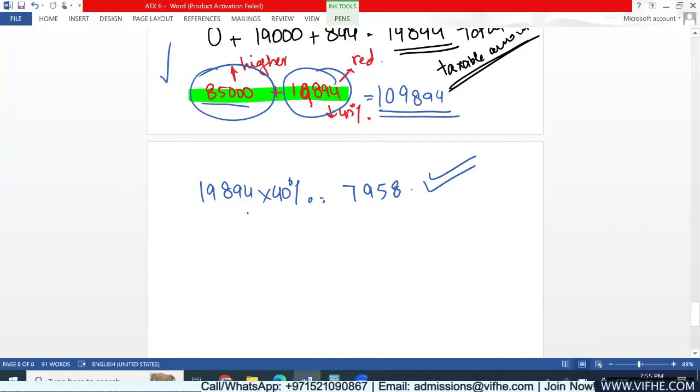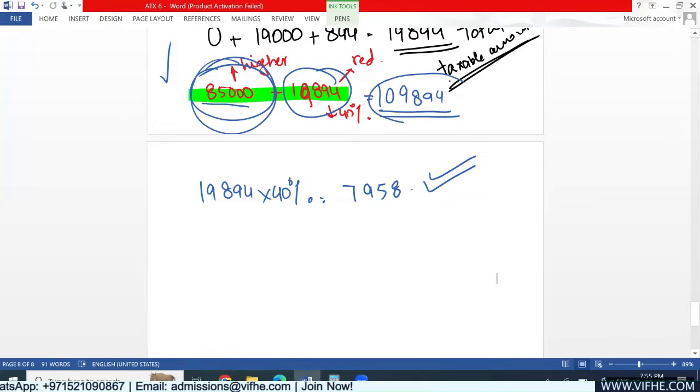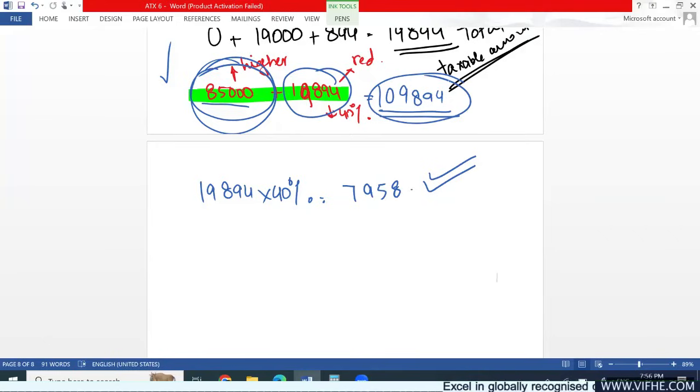See, I did not calculate taxes by first picking up 85,000 pound, then taking the total figure, doing the calculation, and comparing both. Though I can do this, it will not let me lose any marks, but it is going to take a lot of time. And if you have a good grip, then you may try doing this as well.